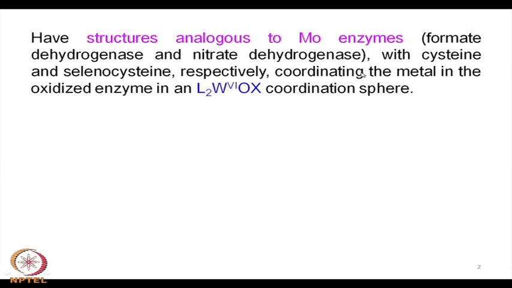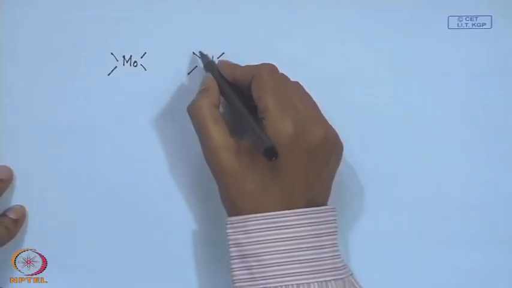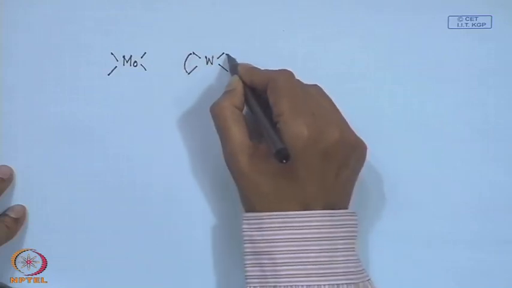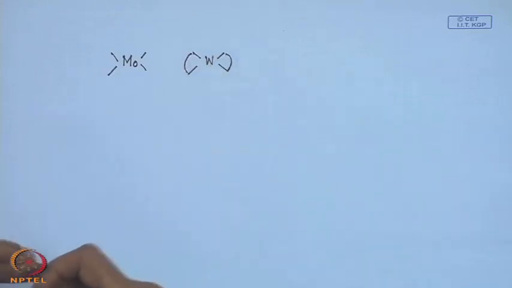So, these are all related to the corresponding molybdenum enzymes, and in the oxidized form, when the metal center is in the +6 oxidation state, we get the species with the corresponding coordination environment. In this tungsten site, we have one L over here and another L over here.